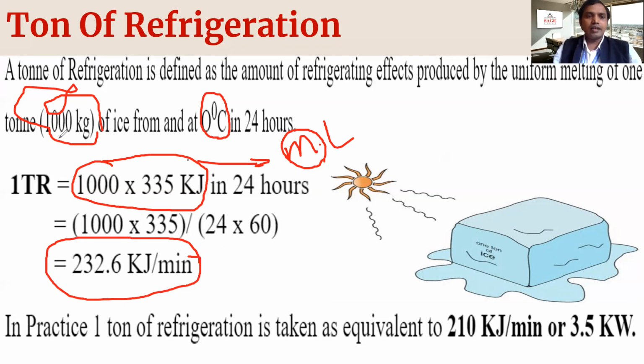This is the theoretical value of 1 ton of refrigeration, the unit of refrigeration. But in actual practice, we take 1 TR as 210 kilojoule per minute, or 3.5 kilowatt. This is the theoretical value and this is the practical value.